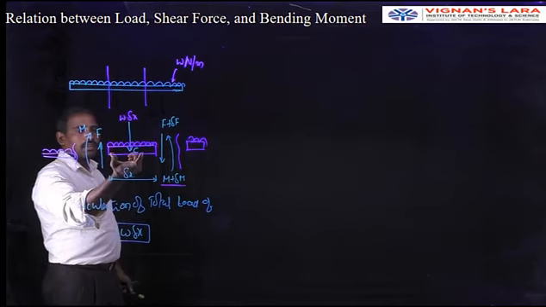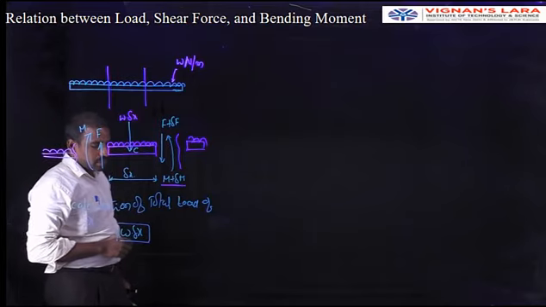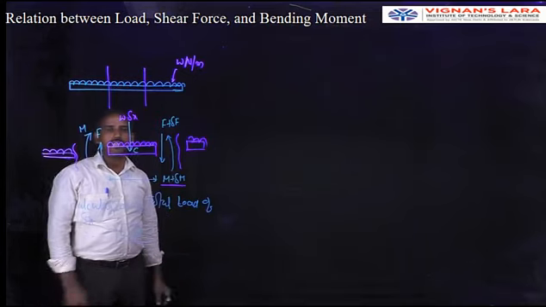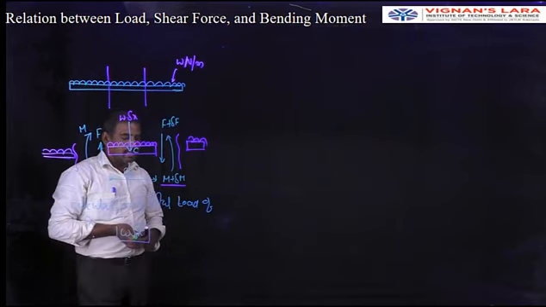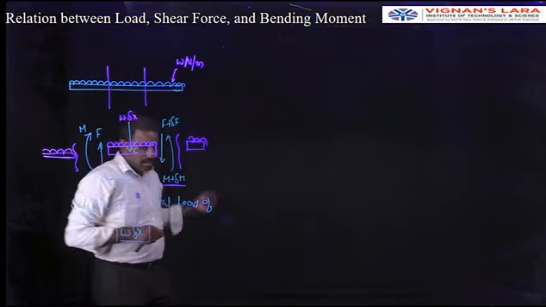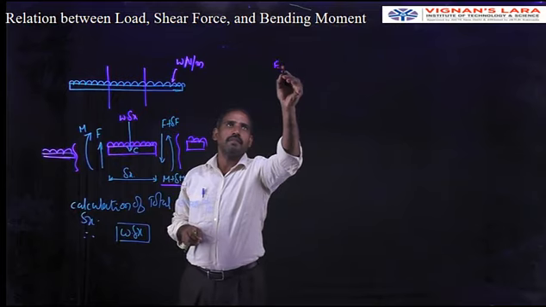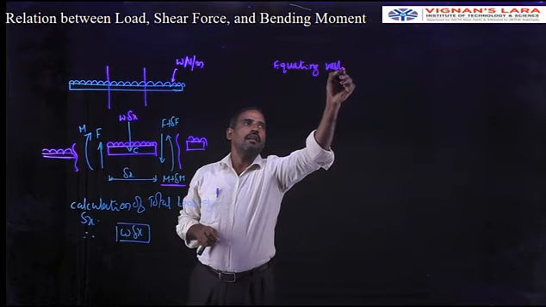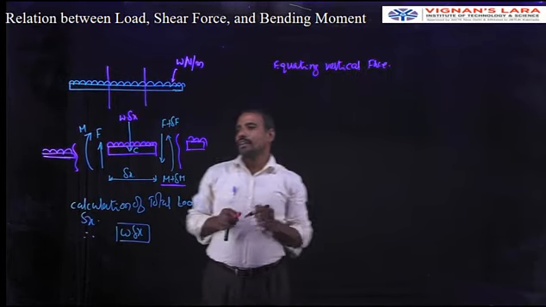So for a portion of length delta X subjected to a uniformly distributed load at the rate of W, its total load is concentrated at the midpoint of delta X, which is C. This is the free body diagram under equilibrium condition. Now, equating vertical forces, what are the vertical forces?